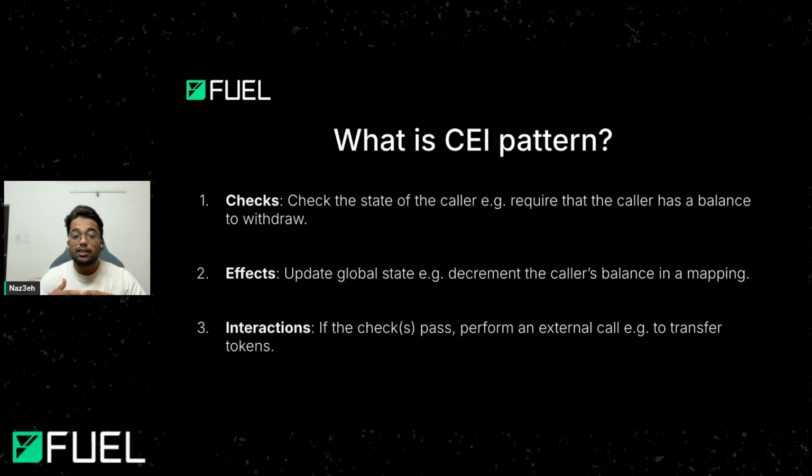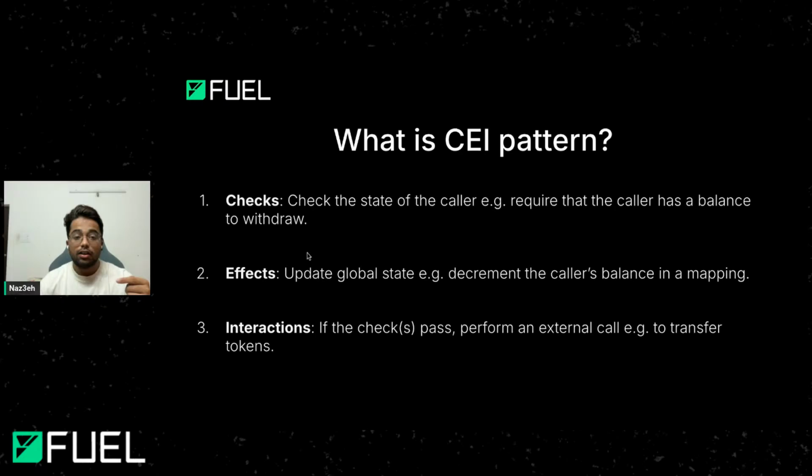Now, let's come to the CEI pattern. What is the CEI pattern? CEI stands for checks, effects, and interactions. Whenever we have an external contract call, there is a certain pattern that we have to follow. Firstly, check. We need to check if the particular state of the caller is true, for example, if the caller has a sufficient balance to withdraw.